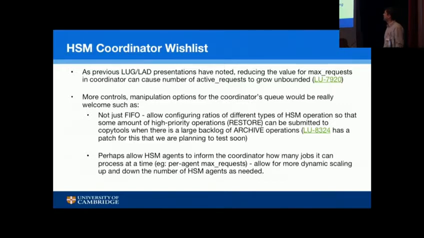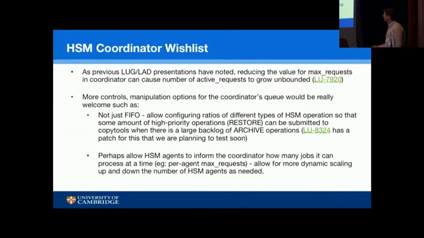So one of our wish list items would be whether this could be more of a dynamic tunable in future, such that maybe the HSM agents could inform the coordinator of how much work they would be able to accept, so that you could just turn on a number of copy tools if you saw the backlog of queue actions growing large, and allow that to be more dynamic.